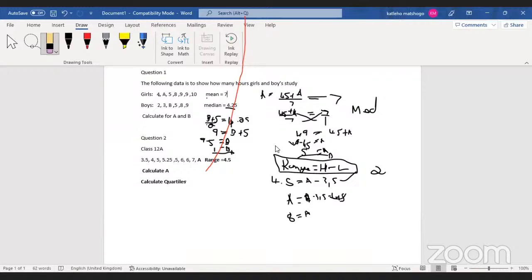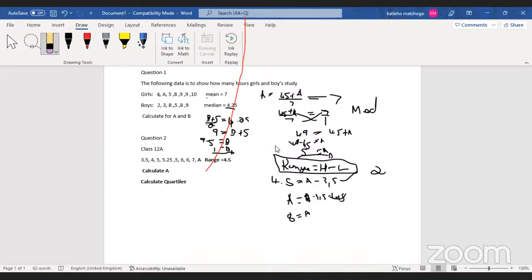So it means adding all of them, and then divide by the number of them, how many there are. So you calculate all those numbers: 45 plus A, because A was missing.